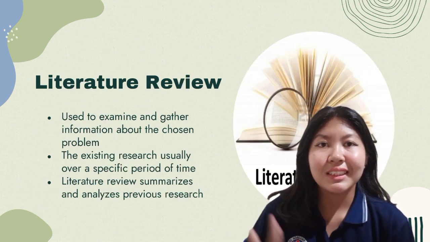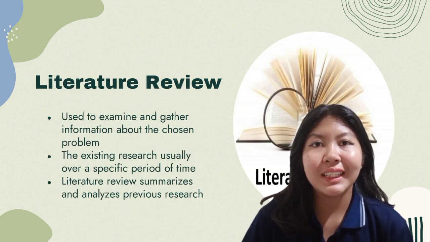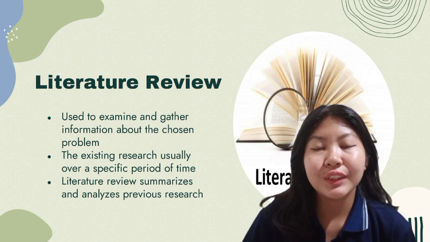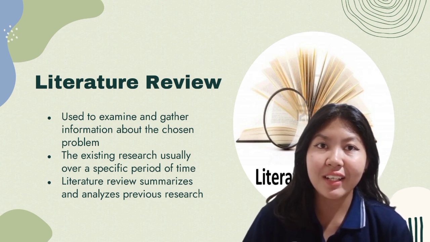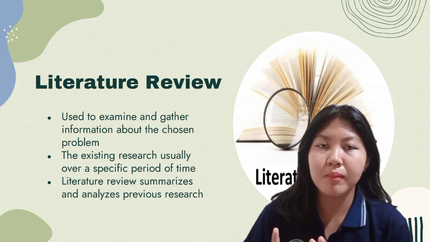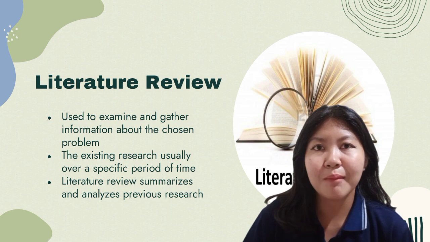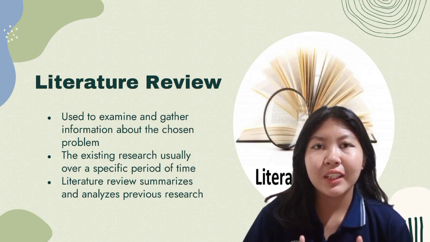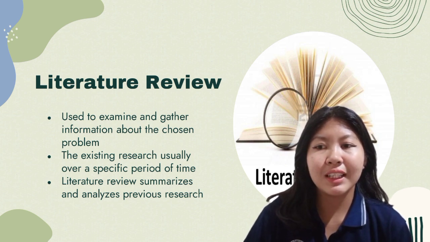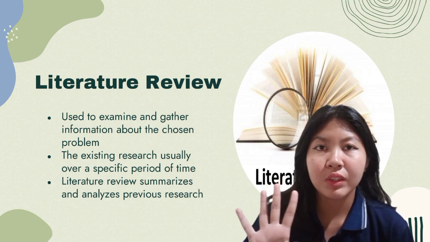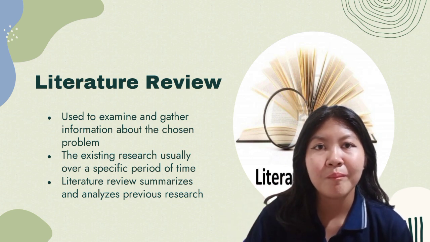The second one is literature review, which is used to examine and gather information about the chosen problem from existing research. The existing research is usually over a specific period of time, usually within the last 5 years. So 5 years is the limitation.